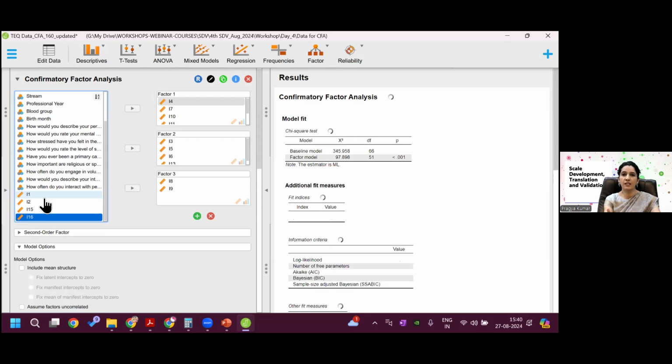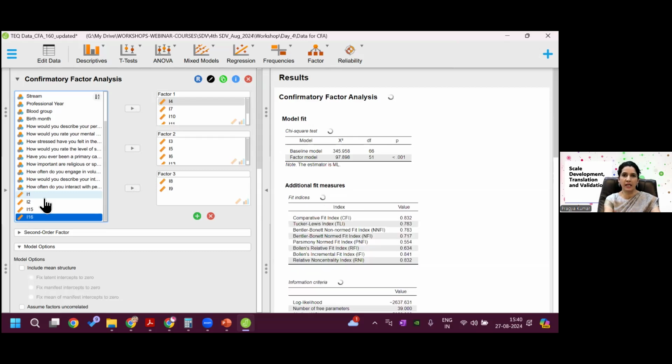Out of 16, I have kept only 12 items. Then I will see the values of my model fit indices, the standardized coefficients, and what about the convergent validity and the discriminant validity.